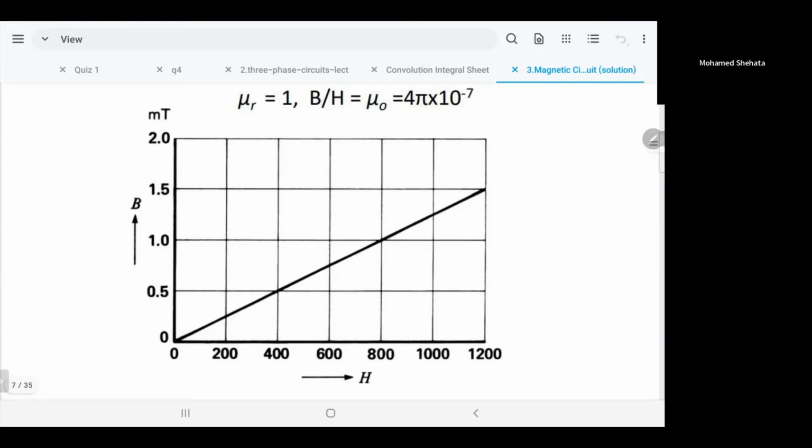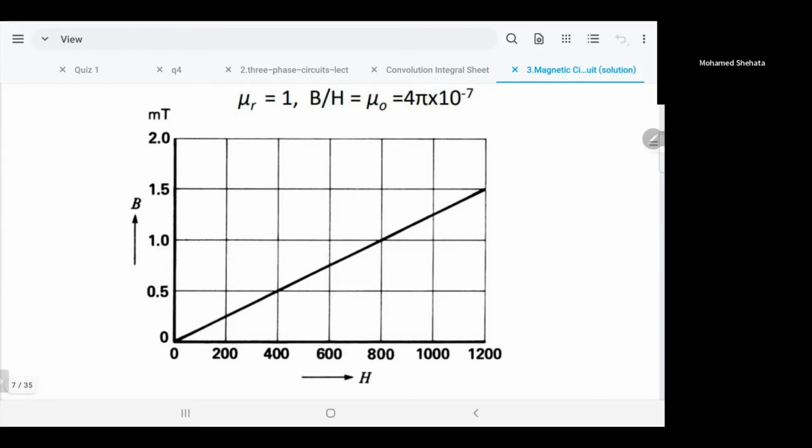They make this test: they get a core, wrap winding wire as a coil, and then supply voltage, so the current goes through. The current is responsible for creating the magnetic field. As you increase the current, you increase the magnetic field H, and then they measure B, the density. They found that it's a linear relationship.